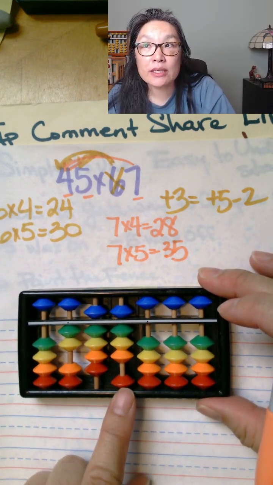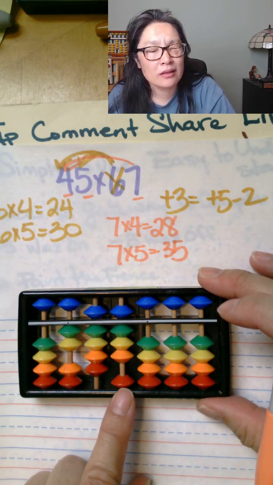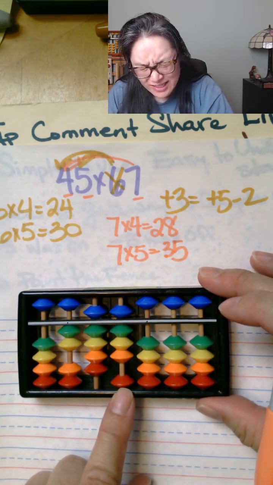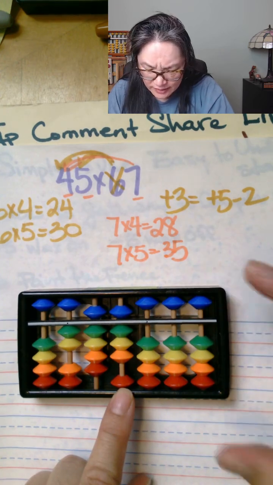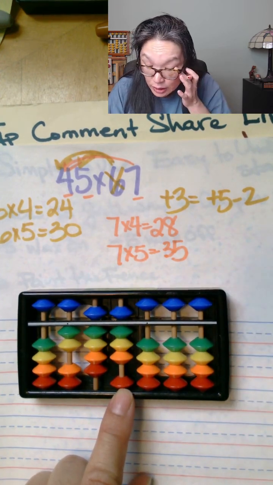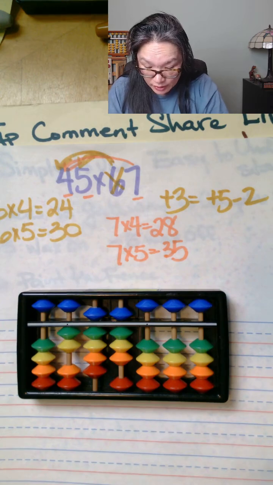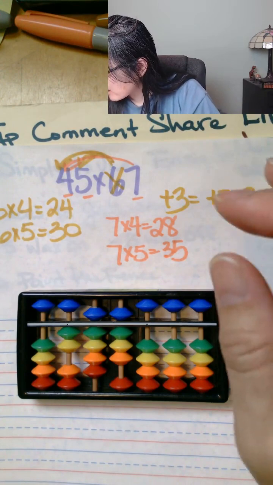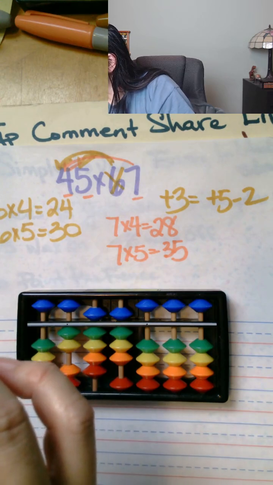Two-step equation is also a common algebra methodology. It's a two-step equation. Algebra has two-step equations. Abacus has two-step equations. So before I continue, I'm going to change my marker so we can keep track.